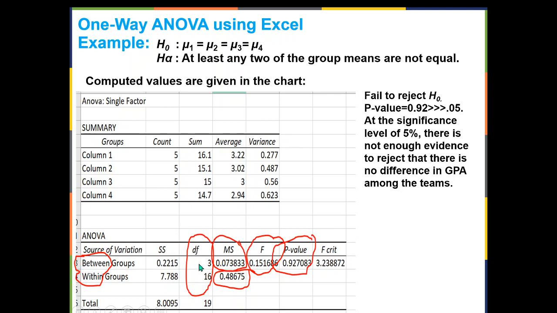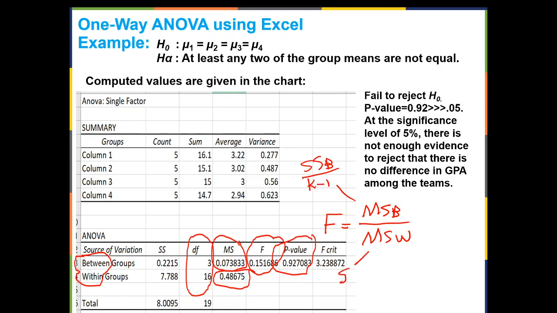Now these are the denominators, right? So remember our formula was what? Our formula was F equals MS between over MS within. And MS between was SS between divided by K minus 1.